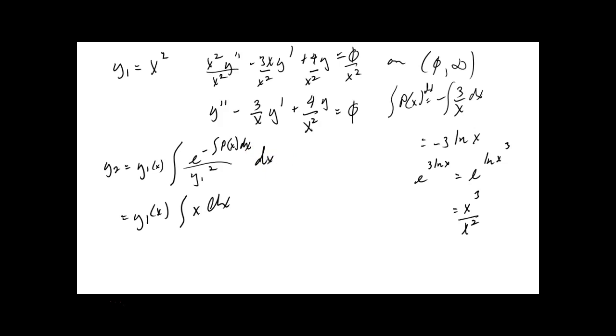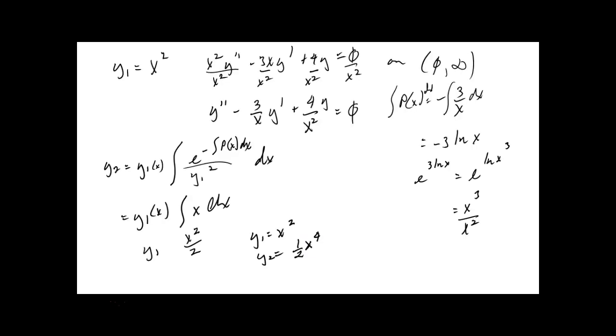Yeah, there were two dx's there. Well, the integral of x dx is x squared over 2. And that's multiplied by your y1, where your y1 was x squared, so y2 is equal to 1/2 x to the 4th, because it's y1 times that.